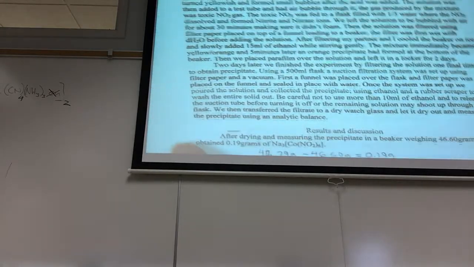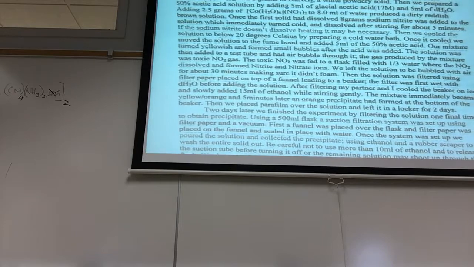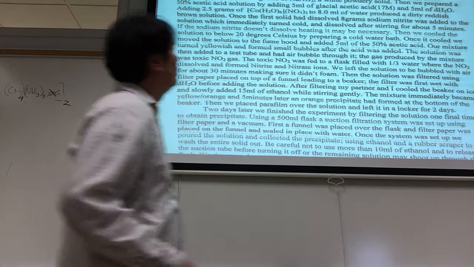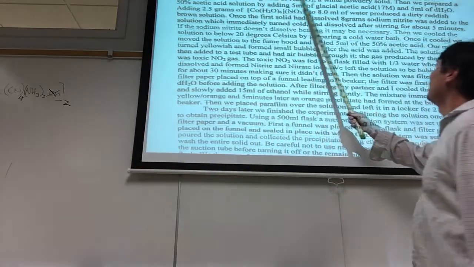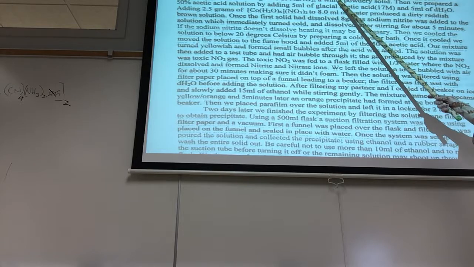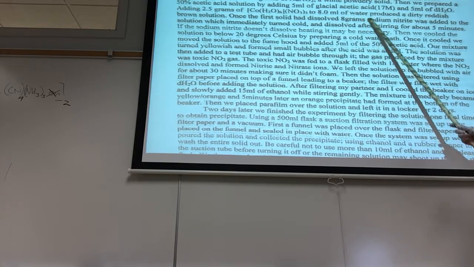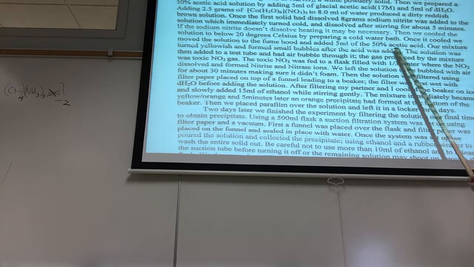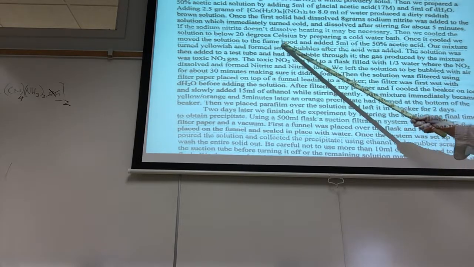Here's another experimental section. I won't read the whole thing, but let's see. First my partner and I measured out 2.5 grams. Again, the precision's wrong here, but all right. Synthesis, we aren't so careful. So this is done in the fume hood.